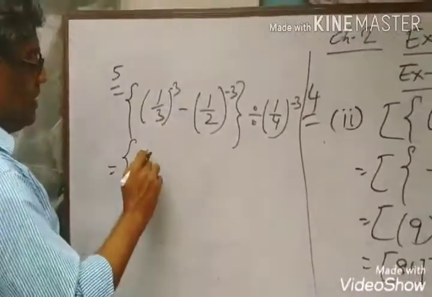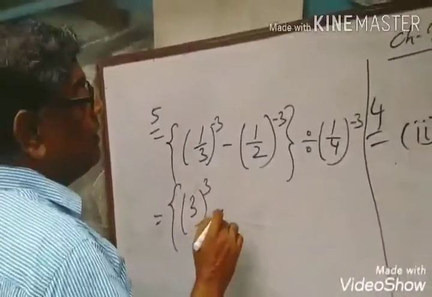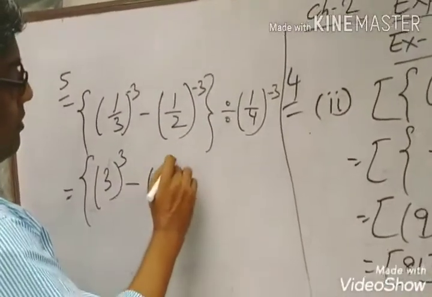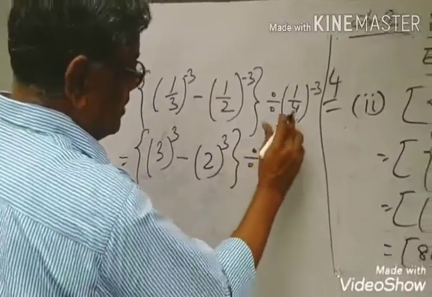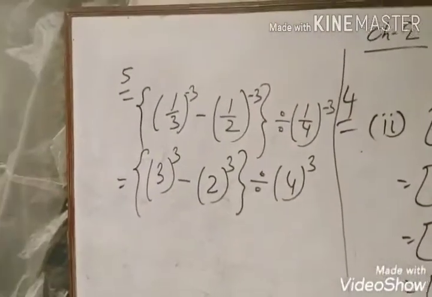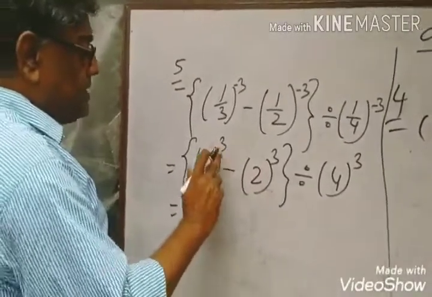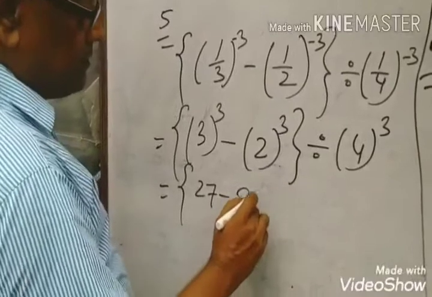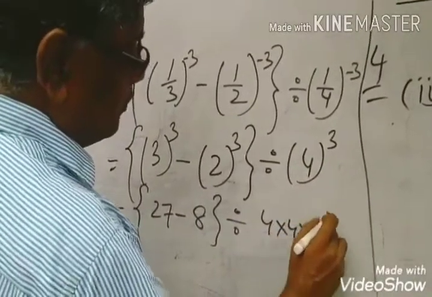That means 3 to the power cube, then the negative sign will be changed to positive. Similarly (-2) to the power cube, and 4 to the power 3. 3 whole cube means 27, minus 2 whole cube means 8, divided by 4 whole cube means 4 into 4 into 4.